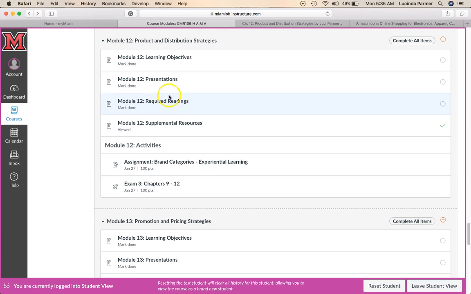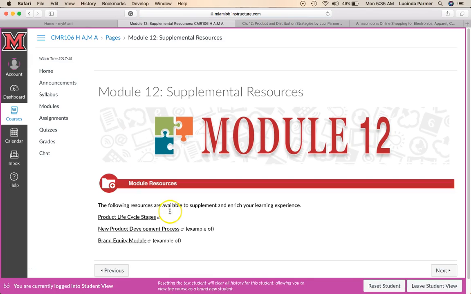And then definitely, be reading your chapter 12, either the textbook or the ebook. And then again, you have some supplemental resources here to help enrich the learning of the material, of the learning objectives, the module objectives.